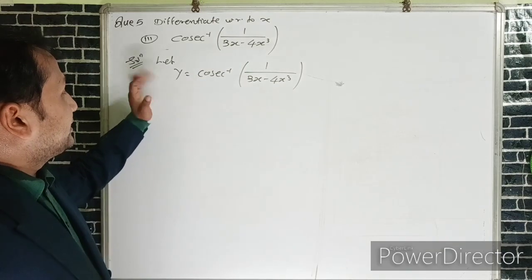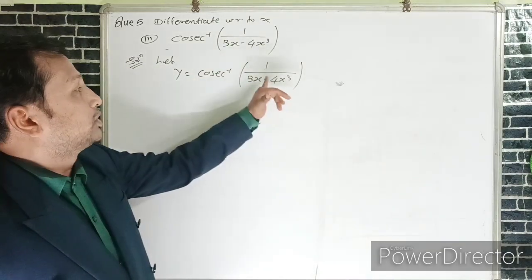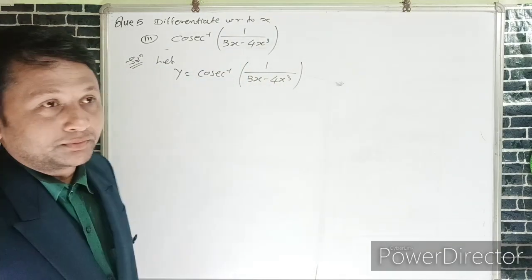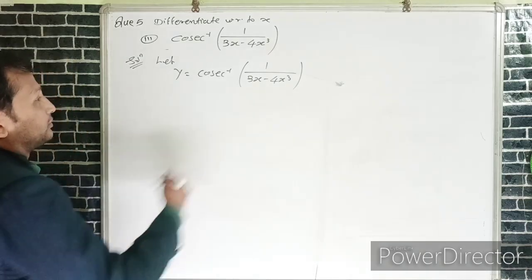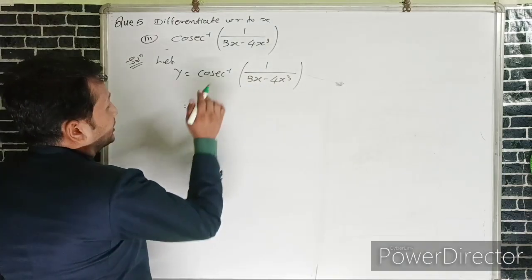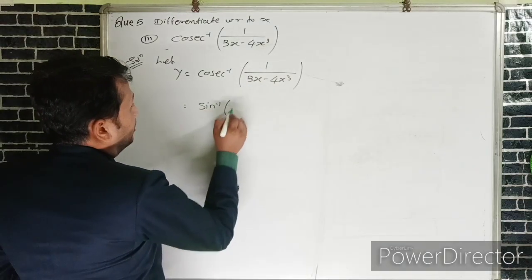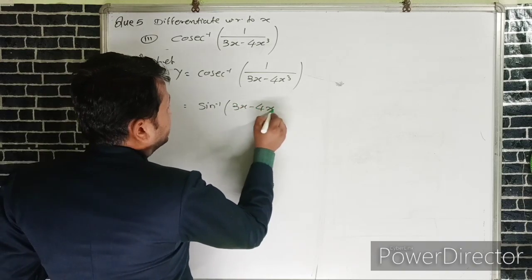First we consider that y is equal to cosec inverse of 1 upon 3x minus 4x cube. By using the rules of inverse functions, we can write this function as sine inverse of 3x minus 4x cube.